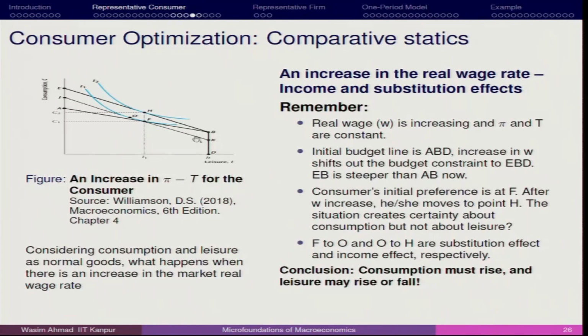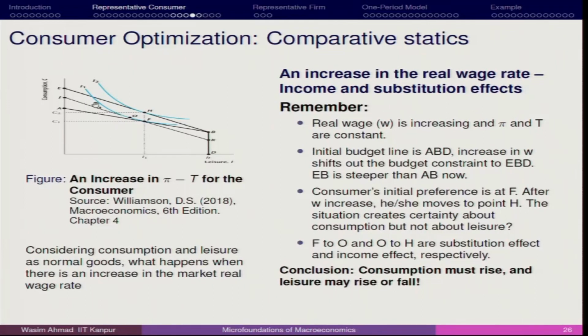Now, the consumer is at point H. At this point H, whatever income effect this consumer has leads to an increase in consumption, but leisure remains the same. This is partly because, despite the income effect, the substitution effect is also playing a role.